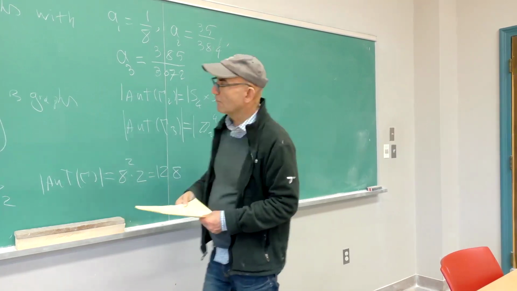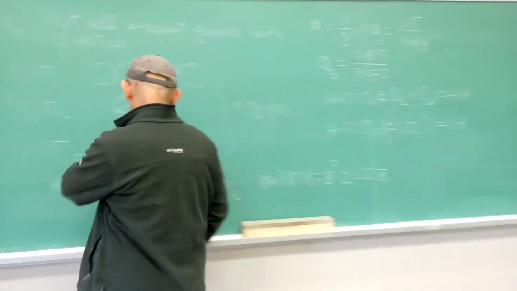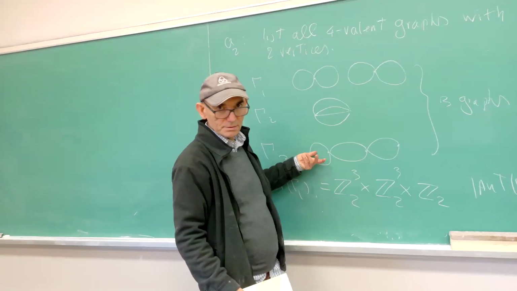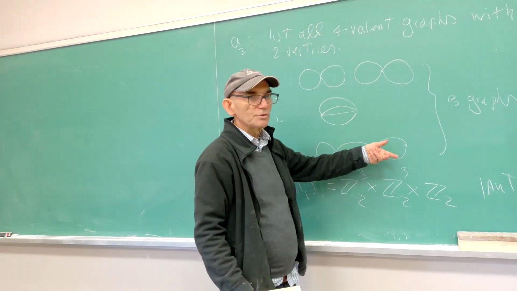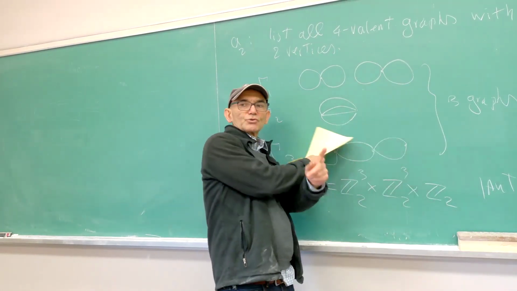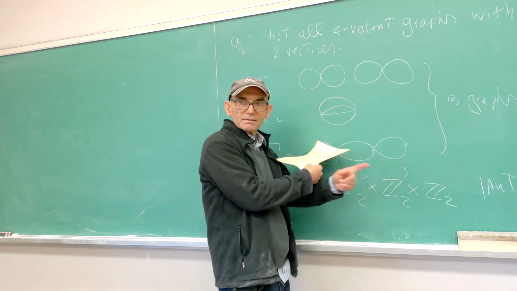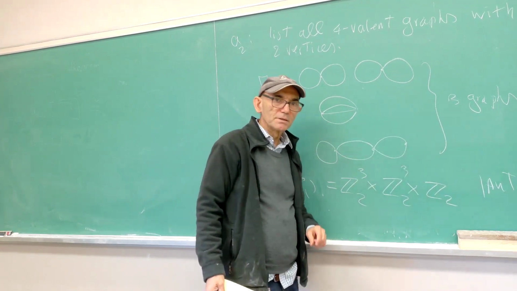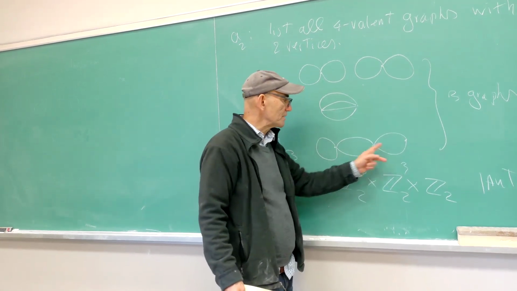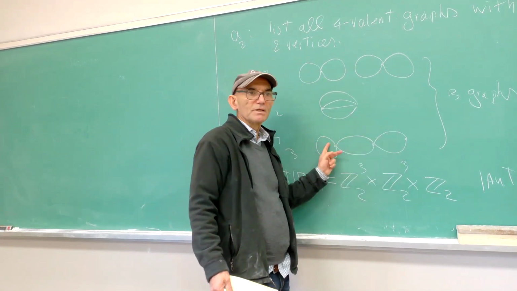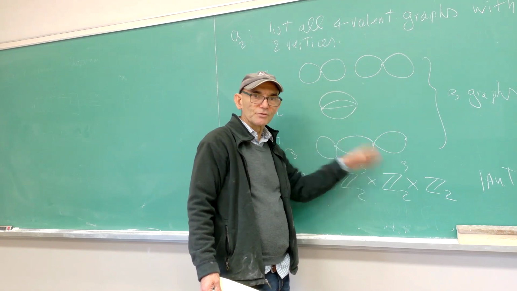Now, why is that 2 to the power 4? Well, you can see there is a Z2 here. There is a 2 here, there's a 2 here. But then there is also swapping this with that. But we cannot swap this with this because this will destroy the connection to this one.